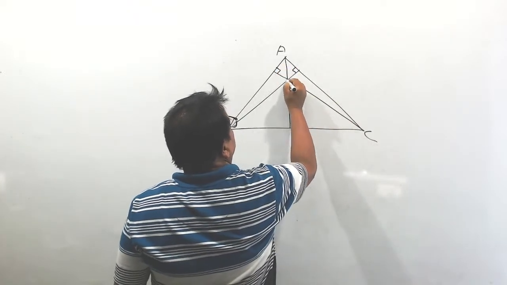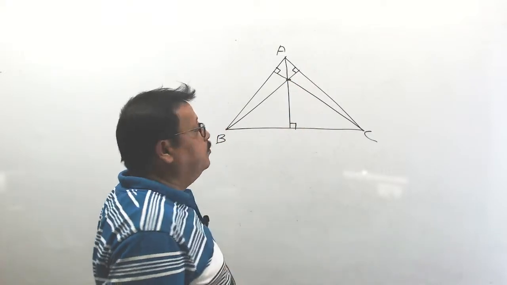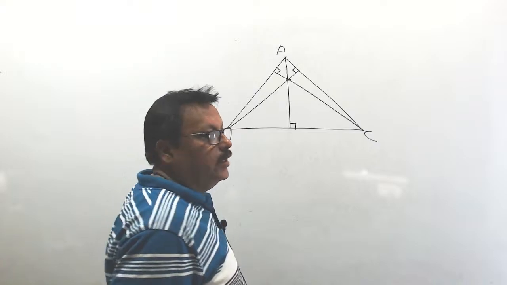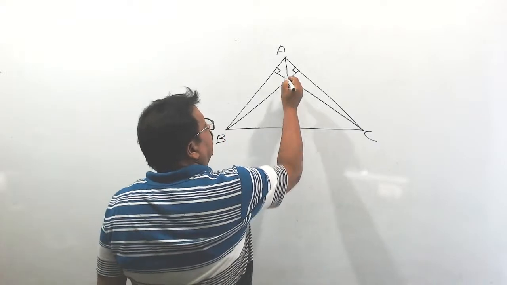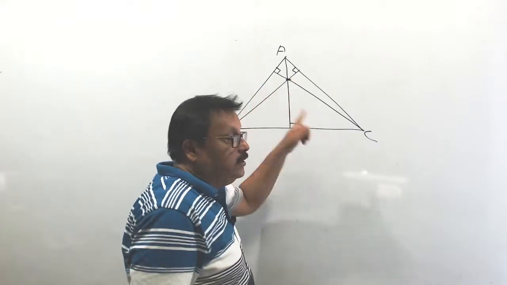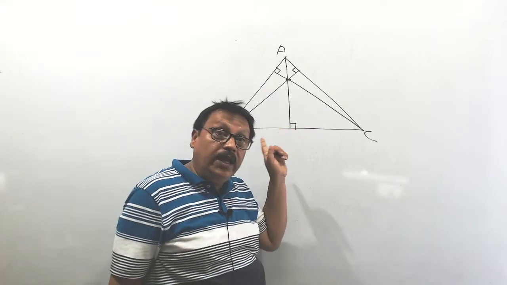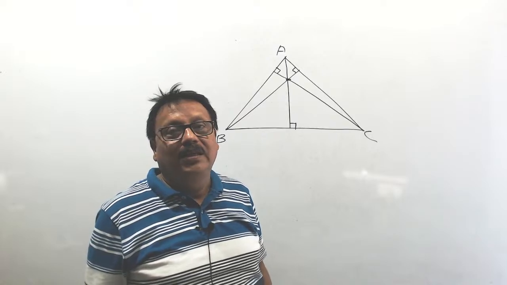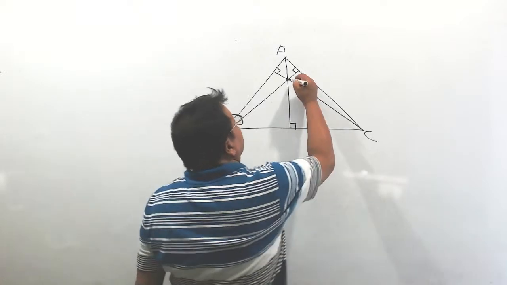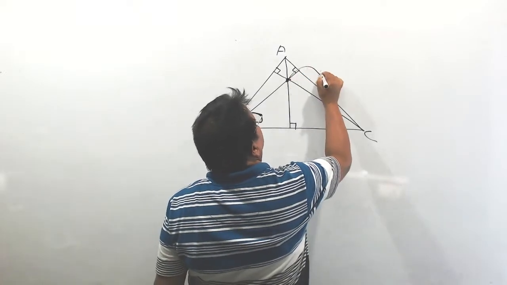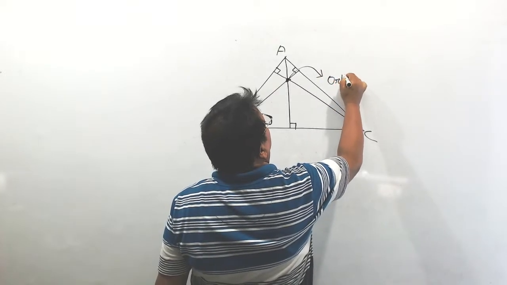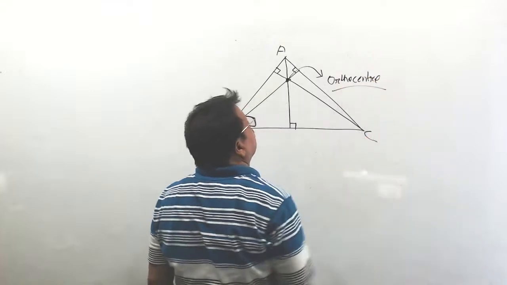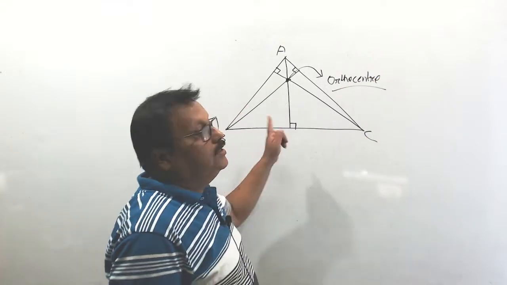And this point is also one unique point. And this unique point of 3 altitudes of any triangle is called the orthocenter. Understood? This point is called the orthocenter. For any triangle, this fact is true.